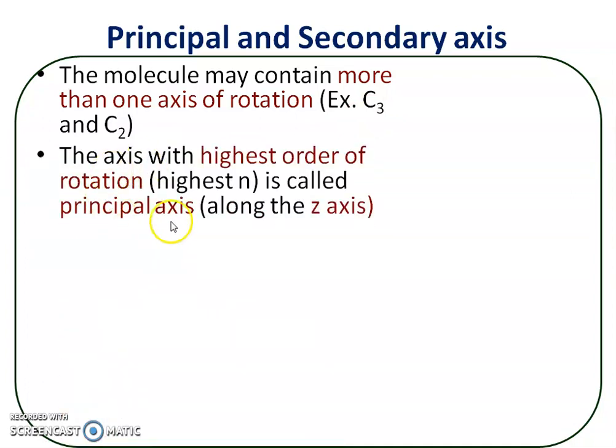Now the axis with the highest order of rotation, that is the highest value of n, is called the principal axis, which is generally taken along the z axis. For example, in a molecule, if there is a C3 and C2, for C3 n is equal to 3, and therefore C3 will be the principal axis and C2 will be the secondary axis.